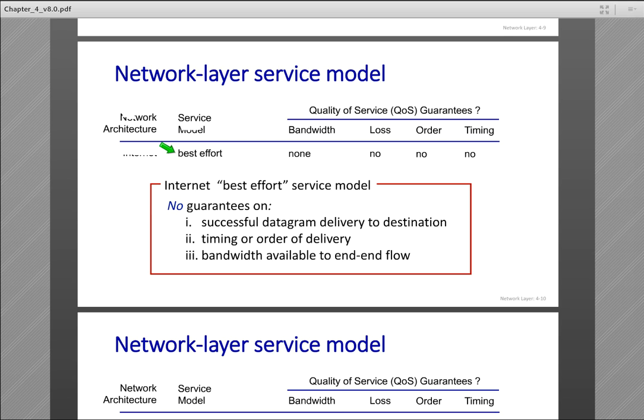It will try to do, and inshallah, your packets will arrive at the destination. It means best effort. So we have no guarantee on successful delivery. We have no guarantee on time of delivery. We have no guarantee on bandwidth availability. This is best effort.